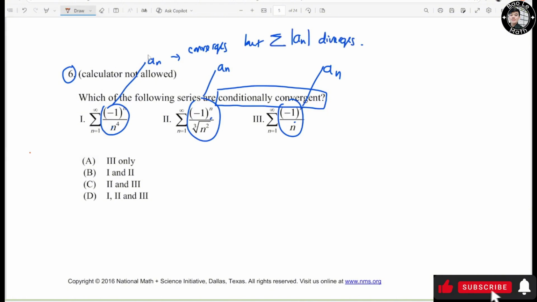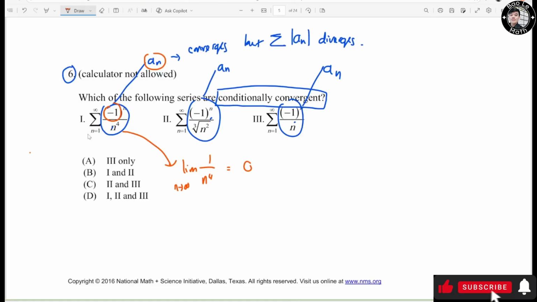Now we're going to check to see if the first one right here converges. So we're going to use the alternating series test. We're going to find the limit of, ignore this guy, it's going to be 1 over n to the 4. When n approaches infinity, it's going to be 0. And we're going to populate the series.